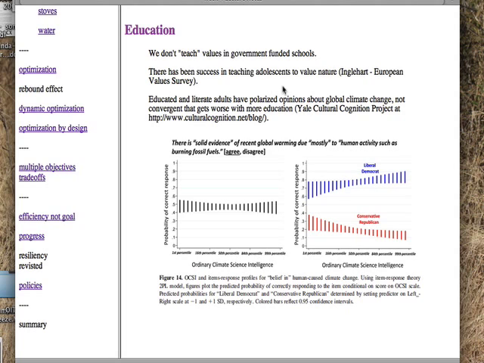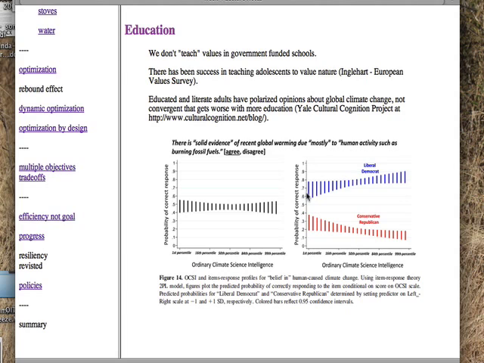Now, finally, this is really the nail in the coffin for why education doesn't work. We're going to talk about this when I talk about worldviews, but educated and literate adults who are polarized politically actually diverge when they have more education. So in the case of do fossil fuels cause global climate change?